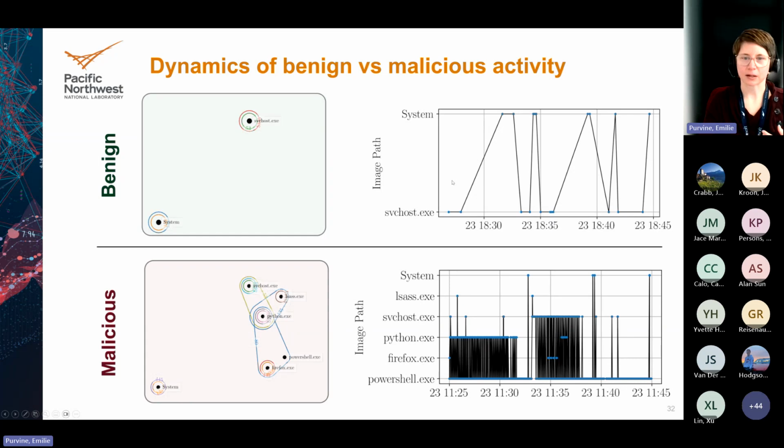But if you look at the dynamics of how just the image path changes, let alone the hypergraph itself, but just the image path dynamics of the benign versus the malicious, there's a big difference. And so we thought, oh, let's look at the dynamics of how this structure changes and see if we can't use that as a detector.